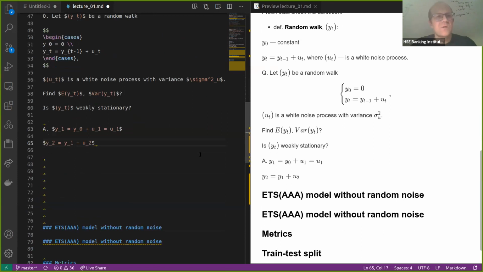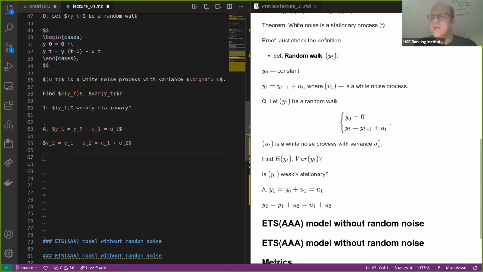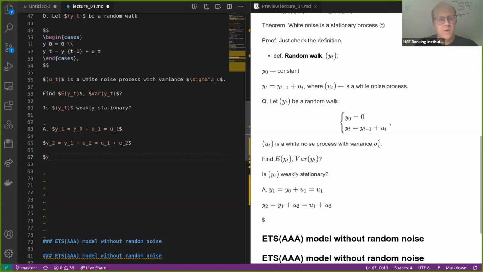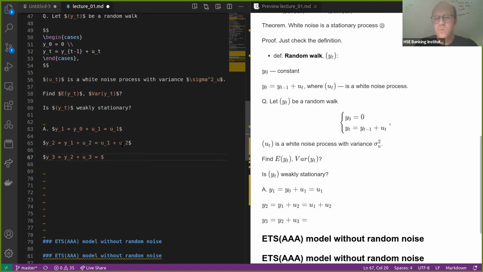Okay, so I'm calculating Y1, Y2 step by step. Y2 is equal to Y1 plus U2. And Y1 we have already calculated. It's U1. So we have U1 plus U2. Let's calculate Y3. Y3 is equal to Y2 plus U3. What is the value of Y2?